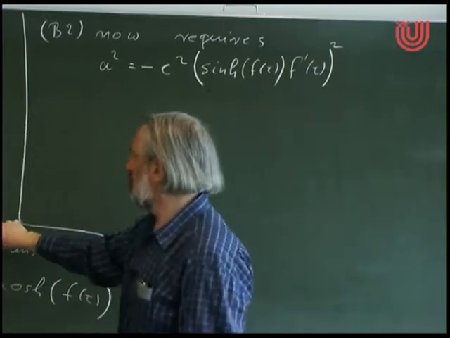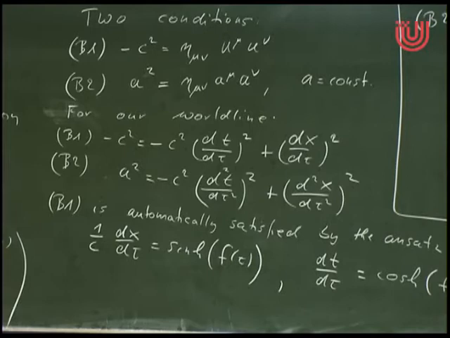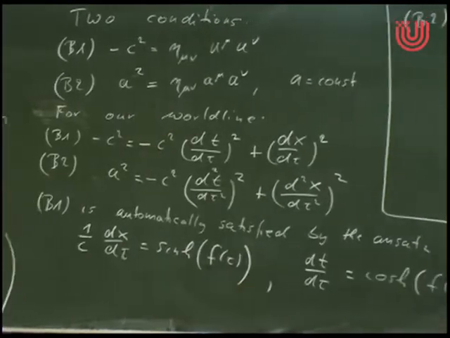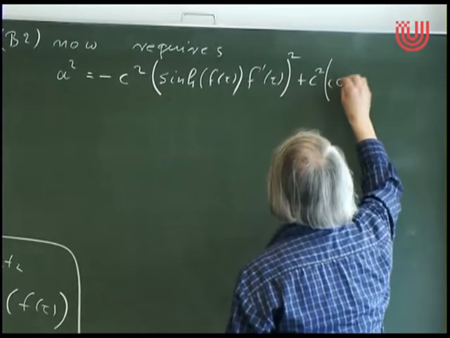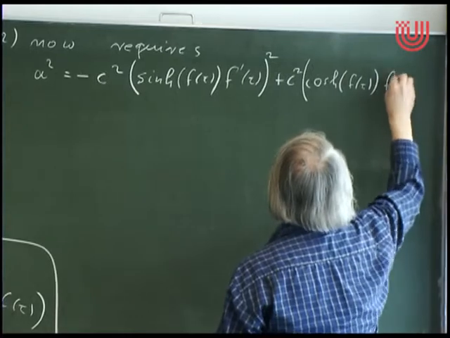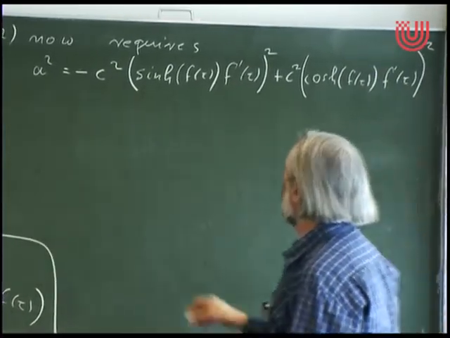And this expression here is, okay, I have to take this to the other side, then I get plus c squared, and now the derivative of sinh. So this gives cosh of f of tau, f prime of tau, the whole thing squared.